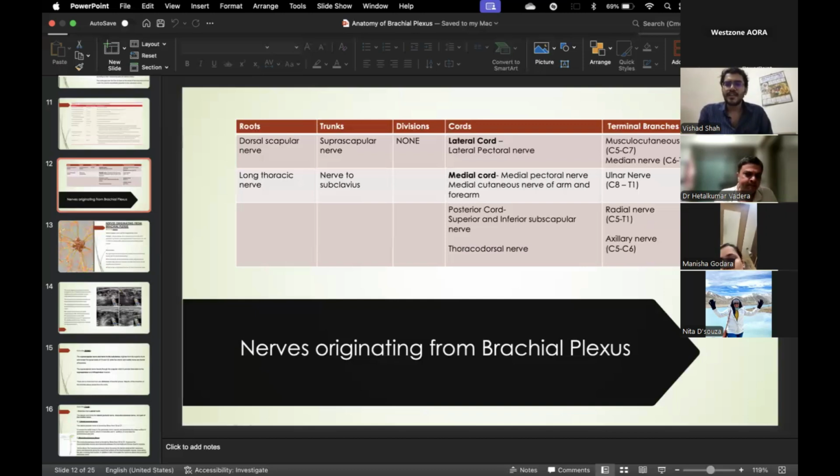Ma'am, volume will matter more because the spread will be. If I give 0.75% and I give only 5 ml, is that important, or is giving 20 ml important? 20 ml, ma'am, that will go more easily. Volume matters. Of course, the dose should be enough for surgical anesthesia. Right? Yes, ma'am. What else? So you said locate the phrenic.